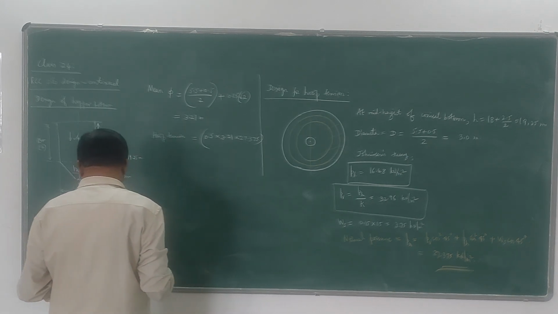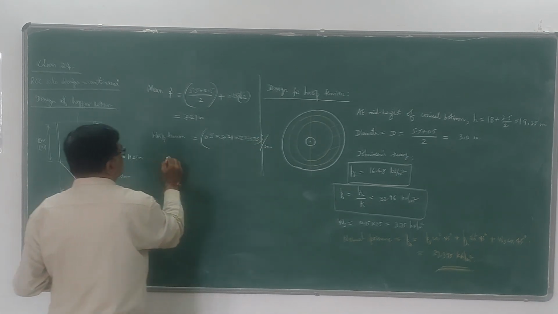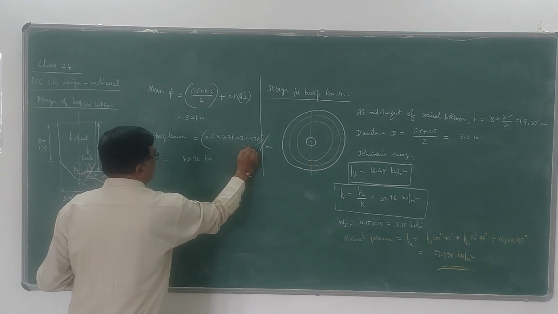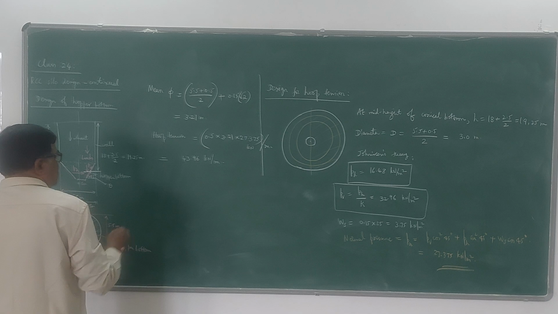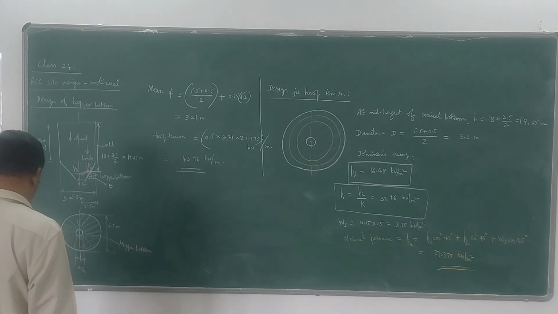This is the value, of course, per meter. So it is given by 43.96 kilonewton, in kilonewton per meter. So this is the hoop tension for which the reinforcement has to be designed.